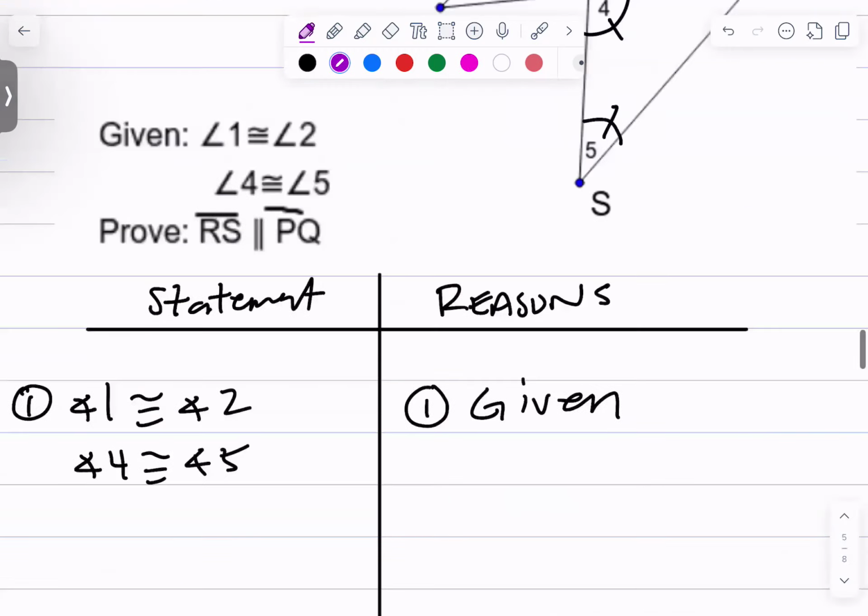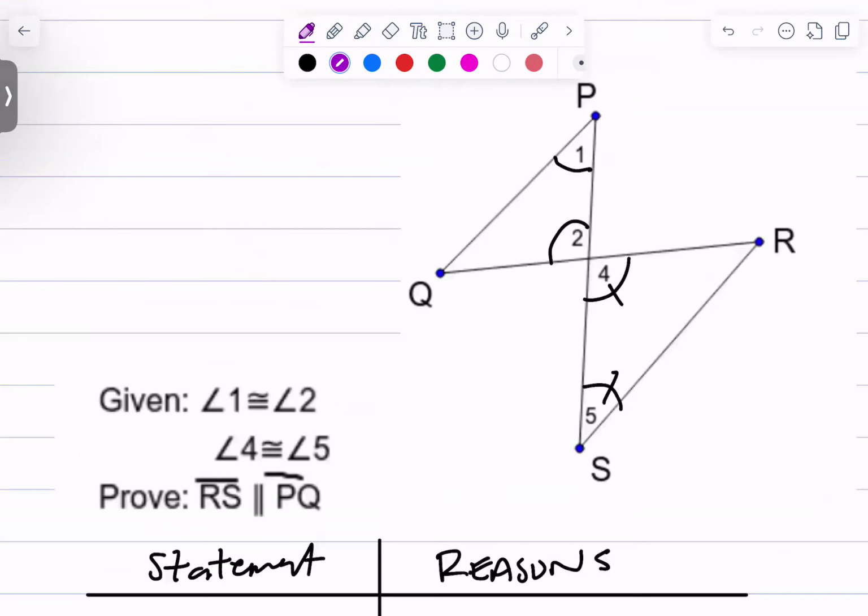But I do know from the given statement that angle 1 is congruent to angle 2 and angle 4 is congruent to angle 5. What else do I know? You already said it, but I somewhat breezed by it because I didn't need it yet.